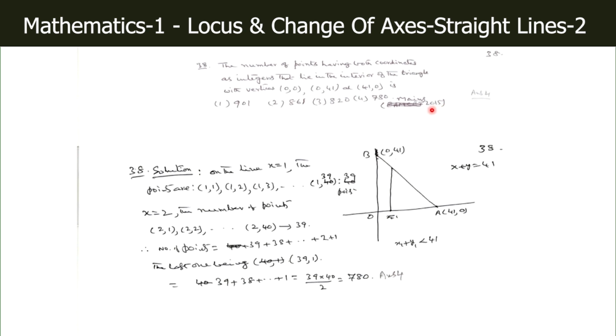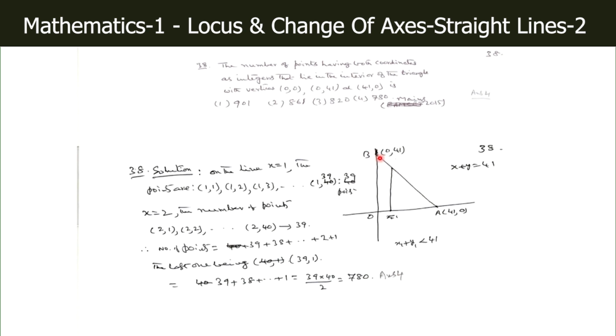This is asked in Mains 2015. Now, here see, points with integral coordinates means the coordinates must be integers. So here you are given the triangle as a right angle triangle with the right angle at origin, and A is equal to 41, 0 and B is equal to 0, 41.